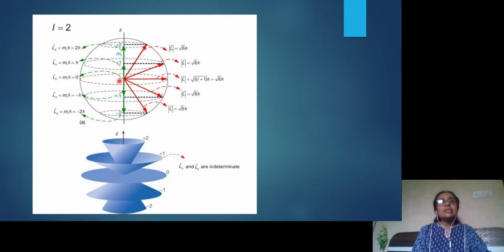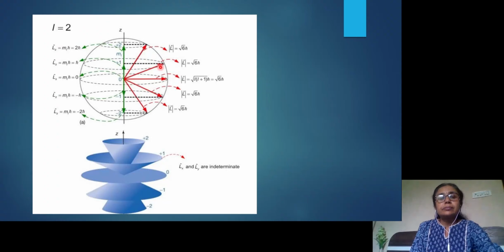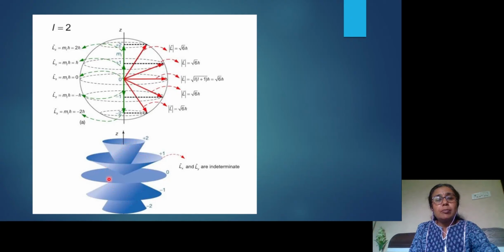We can see that the value of Lz is changing if the orientation of L bar vector is changing. And you can see here how the space is divided because of different orientations of the L bar vector, and that is nothing but the space quantization.